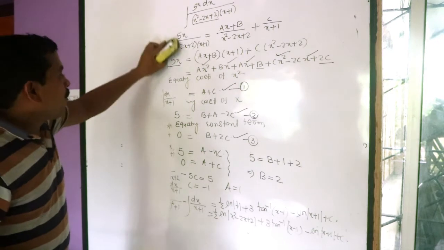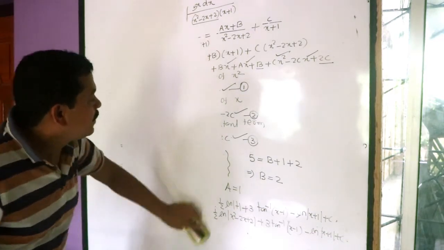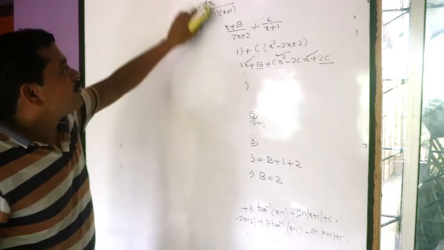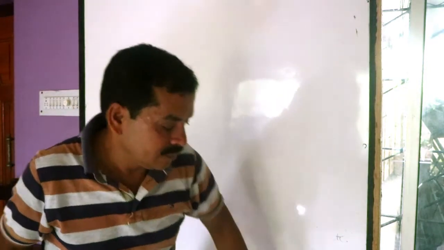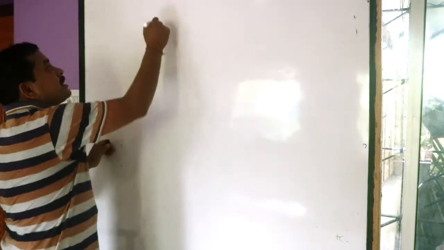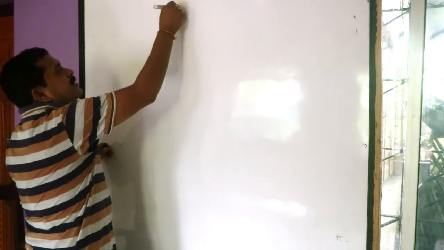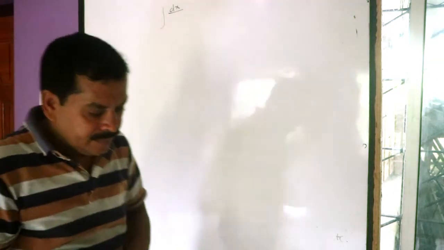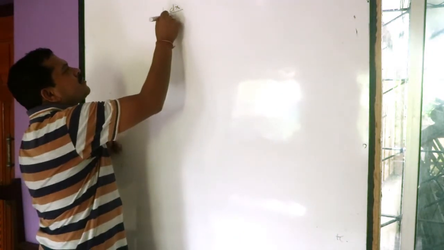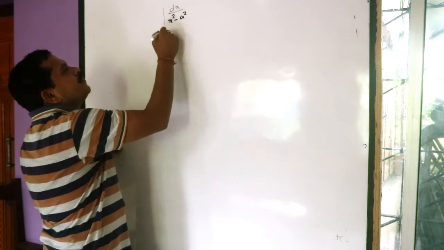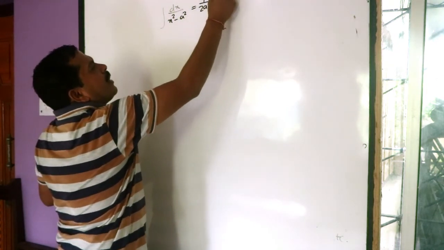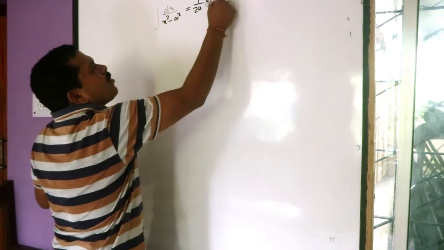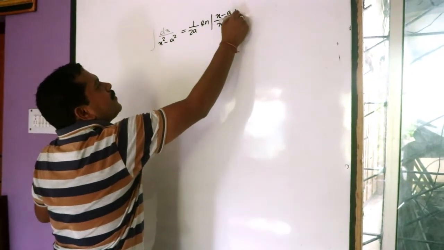We have also two important formulas. Integration of dx by x square minus a square is equal to 1 by 2a log |x minus a by x plus a| plus c.